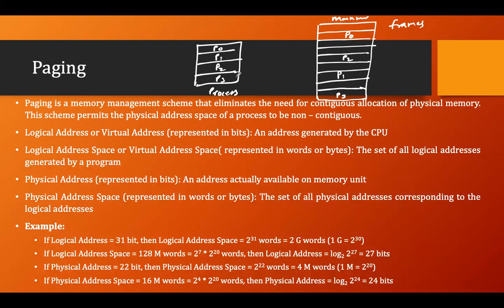The reason is, if the page size is less than the frame size, there will be the problem of internal fragmentation. Let's say the page size is 1 KB and the frame size is 2 KB. Whenever we put the page into the frame, 1 KB will be internal fragmentation, and that we do not want.